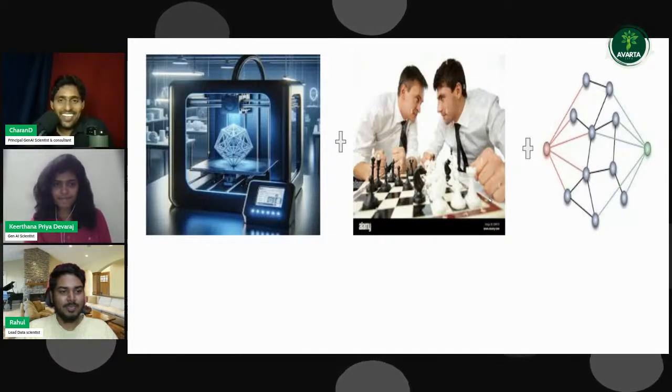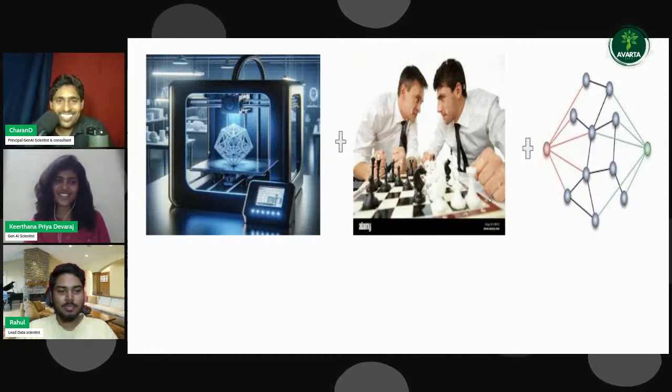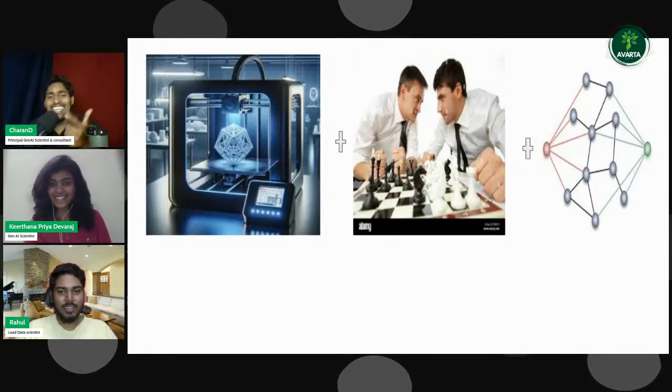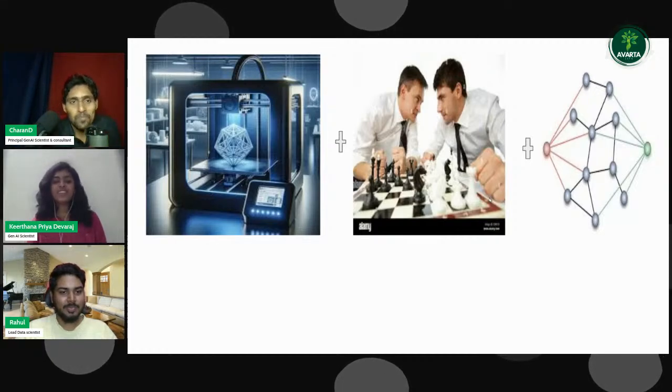I'm not sure what this means. Can you guess the last word, the last image? It's a network, neural network. Yes, it's something related to networks. Network is fine, but these two are difficult.